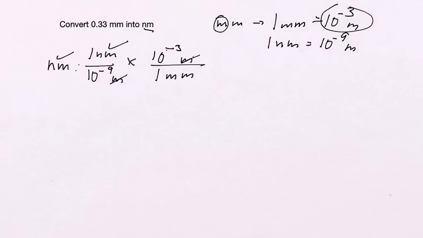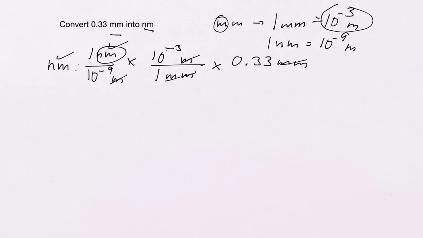Now I still have my nanometers here, that won't change, but now I have millimeter here. Do I have millimeter somewhere else? Yes, I've got millimeter in here, so I just do 0.33 millimeters. And I see the millimeters cancel out, and all I have left is my unit of nanometer.